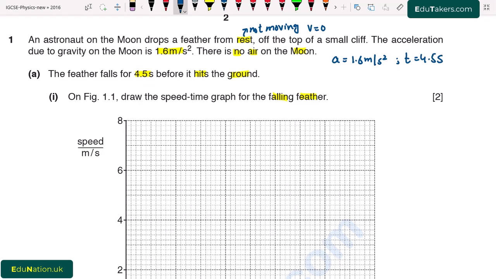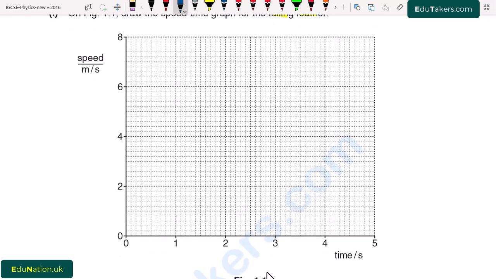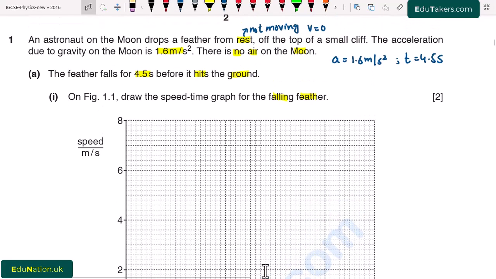And here on figure 1.1, it's a speed time graph. It means that first of all we have to find out the speed by using the value of acceleration and time. I write here a is equal to delta v over t. Here it will be v minus u over t, where v is the final speed and u is the initial speed.